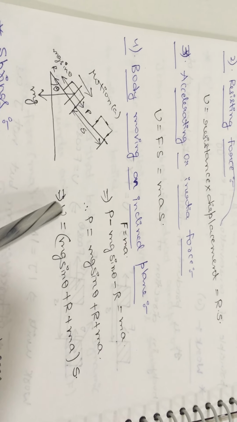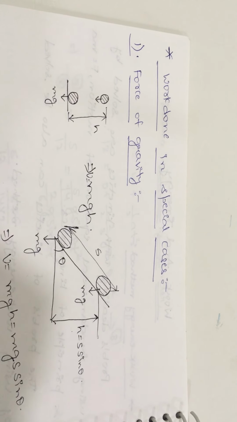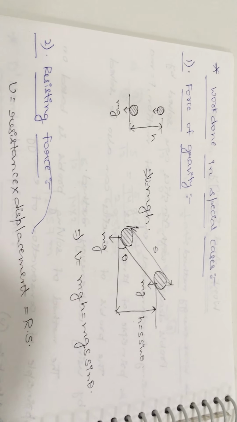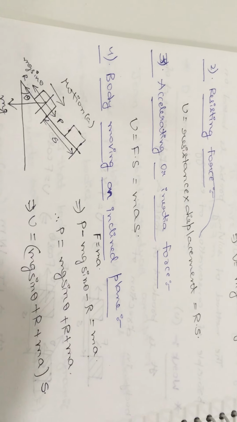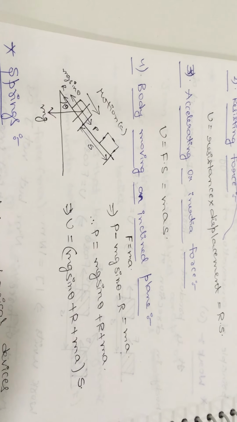So according to the force you will get the work done formula in any case. So now everyone observe all the cases once again which are completely based on the force. Based on the force only you will get the work done formula.